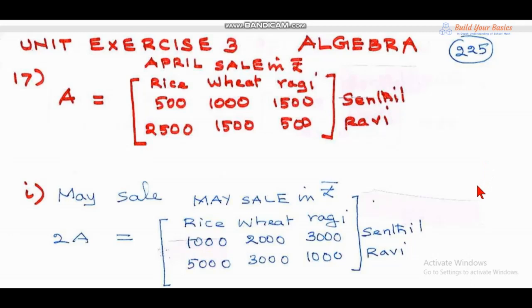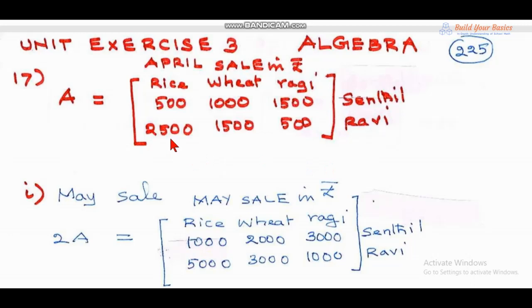The sale in rupees of the 3 varieties of grains by both the farmers in the month of April is given by the matrix capital A equal to the matrix given, and the May month sale in rupees is exactly twice that of April month.